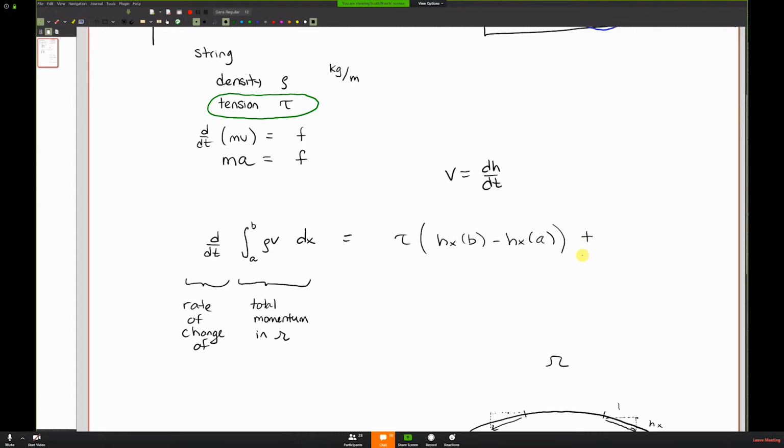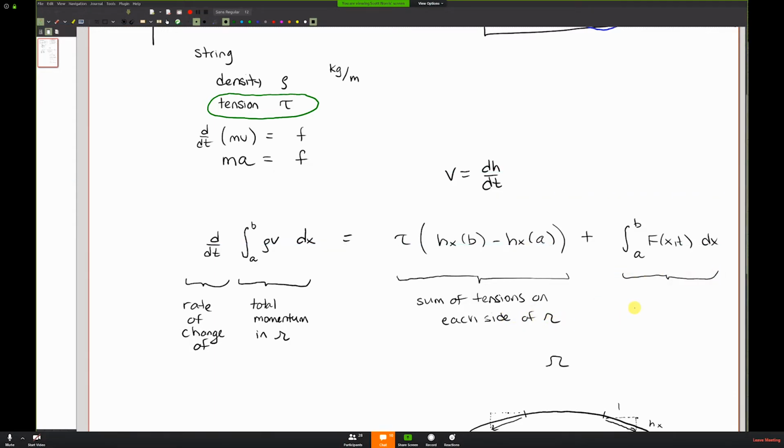And again, just for total completeness, let's assume that those forces might vary with space. And so to get the sum of all those forces, we might have something that looks like this. Okay, so this is the sum of tensions on each side of omega.